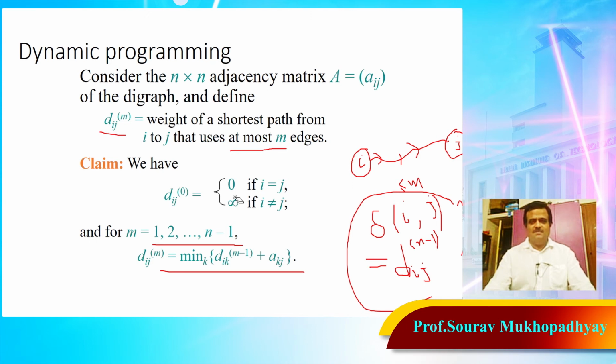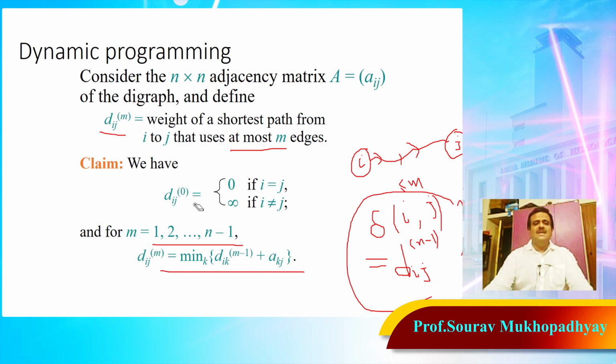Otherwise it is infinity, because without visiting any edge we cannot go from i to a different j. We need at least one direct edge. That is why d_ij^(0) is infinity.